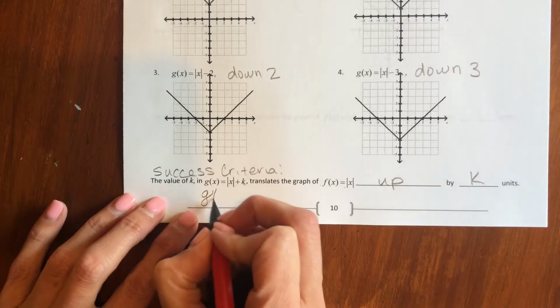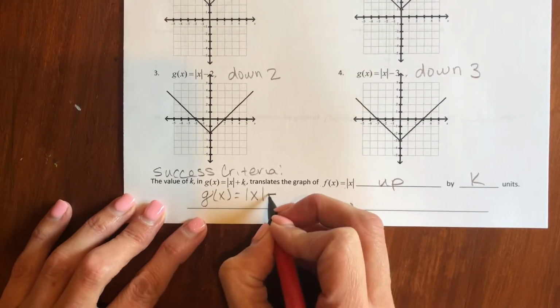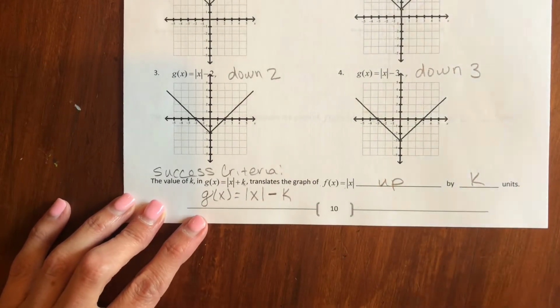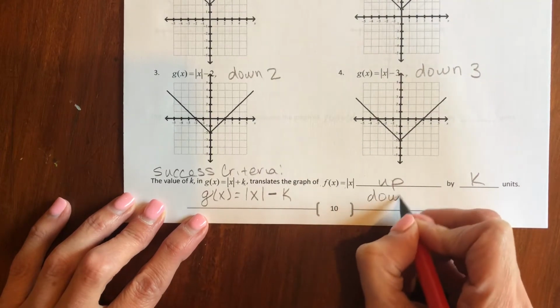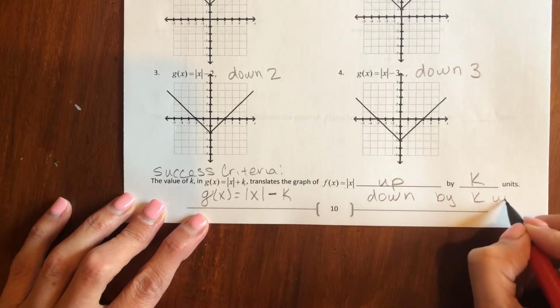If you had absolute value of x and then you subtracted a number, we'll call it k, that's going to move this parent function down by k units.